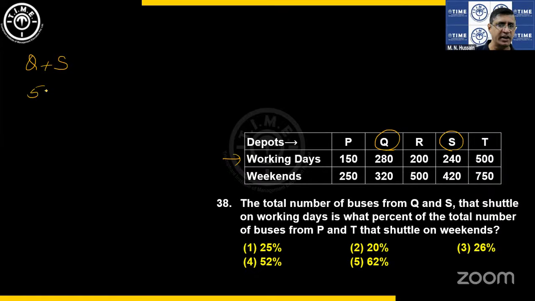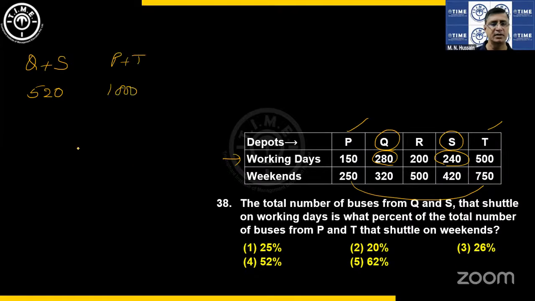By adding these two, we get 520. The total number of buses from Q and S that shuttle on working days is what percent of the total number of buses from P and T that shuttle on weekends? P and T, so 250 and 750, that is 1,000.